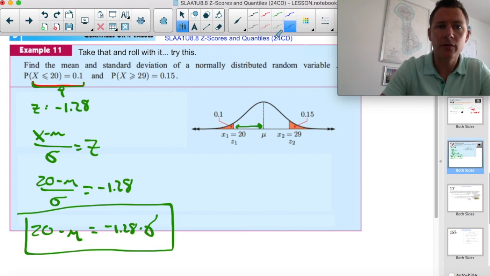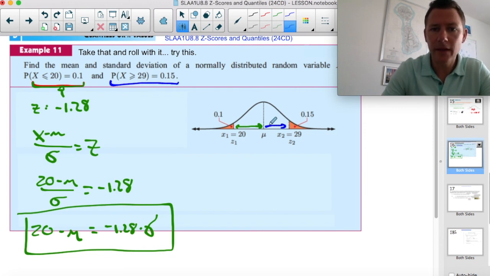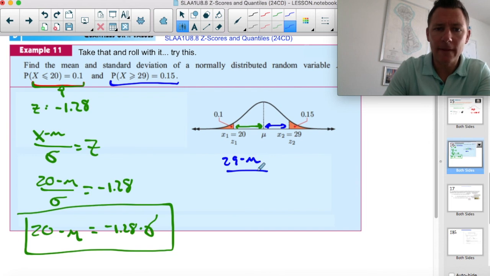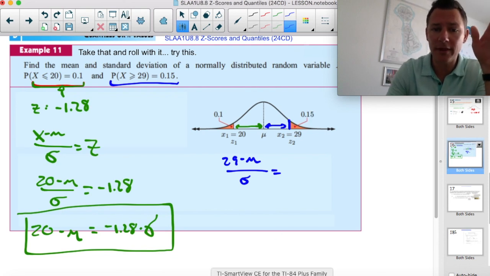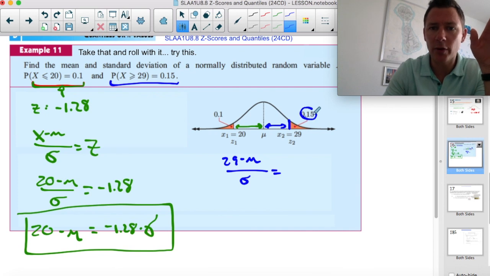The other equation comes from this, which is this side. And so I want to find the distance between 29 and the average. I don't know sigma, but I can figure out how many standard deviations above this would be if it was translated to a standard normal. So I'm going to do the same thing that we've been doing, but I can't use 0.15.